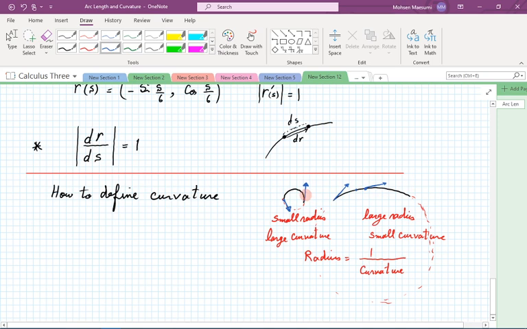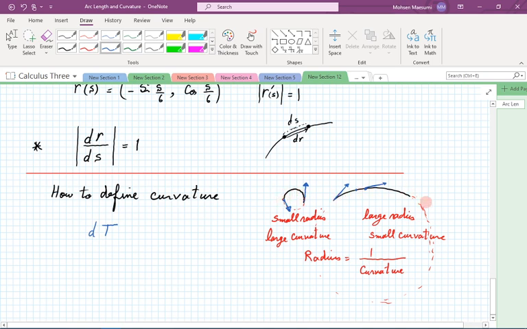Now I'm going to check to see how much this thing changed. So I had a unit tangent. I want to track how much it changes. So the change is the differential of that. I want to track it based on how much I have traveled.